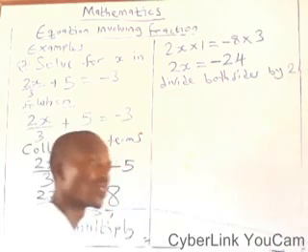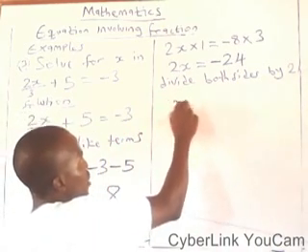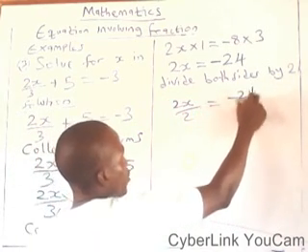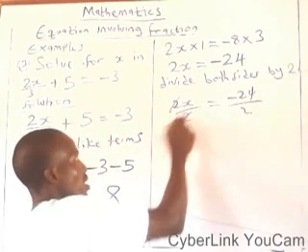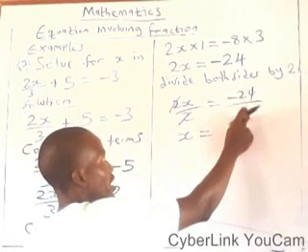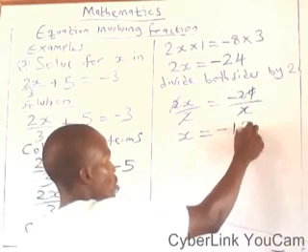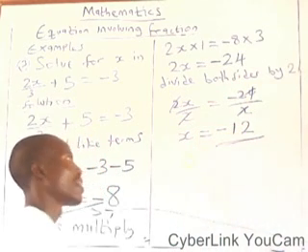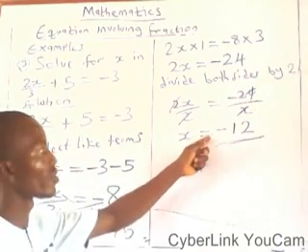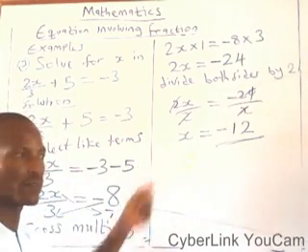If you divide both sides by 2, here we have 2x over 2 equals to minus 24 over 2. So we cancel 2, remain what? X. Minus 24 divided by 2 will give us what? That is minus 12. In that case, our value for x is minus 12. X value is minus 12.